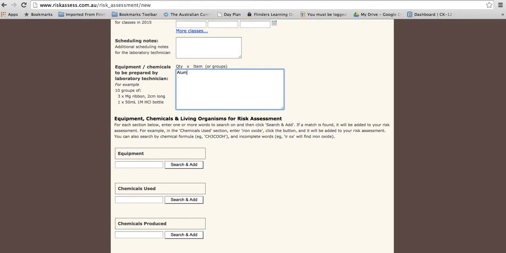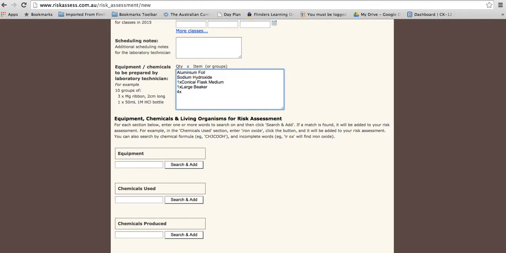Okay, so I'm going to start with aluminium foil. I need sodium hydroxide. I need a conical flask. Okay, and I should say back here that I need one of those. We'll say a medium one of those. We need one large beaker. Okay. We need balloons.